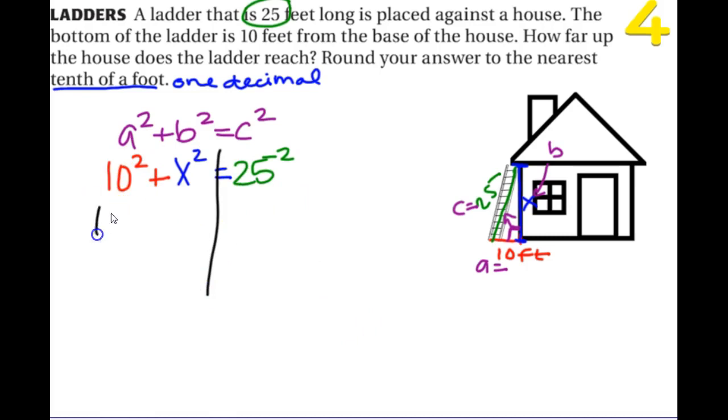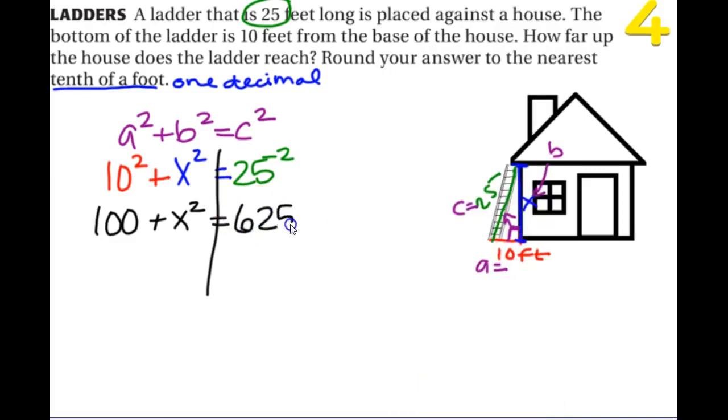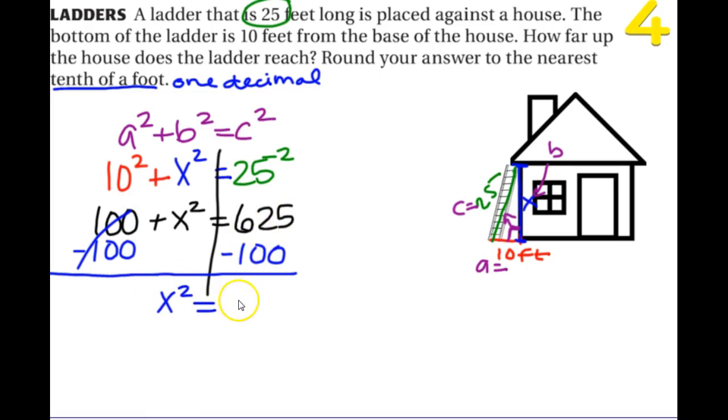So let's solve this. 10 squared, or 10 times 10, is 100. x squared we don't know. And then 25 squared, 25 to the power of 2, is 625. So we need to get x by itself, so I'm going to subtract 100 here. So those eliminate, and we have x squared equal to now 525.